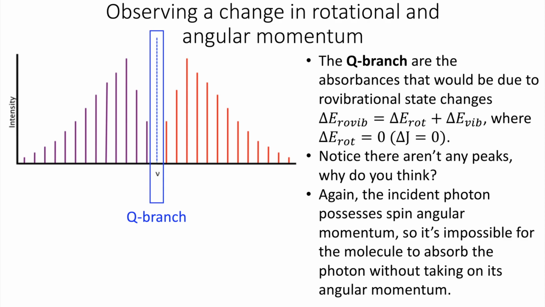So in this particular case, how could that be excited? If it's taking on that photon, it has to affect its angular momentum one way or another, right? That spin has to make its contribution. It has to go somewhere. We're back to conservation of angular momentum. So that's why we don't see anything in here. This is the Q branch, and in this case, it is empty.